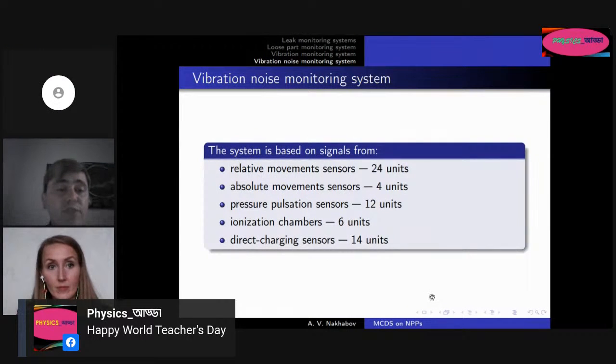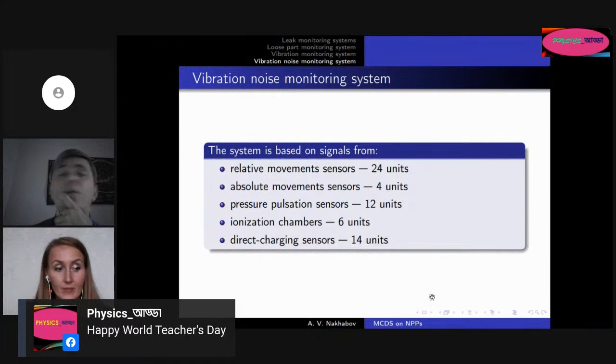The next kind of system sounds very similar, not vibration, but vibration noise monitoring. Actually, only one word, noise, actually means a totally different system, because the vibration noise monitoring system, first of all, is designed to monitor possible vibration of reactor internals.